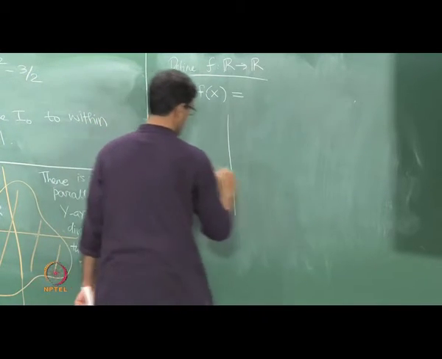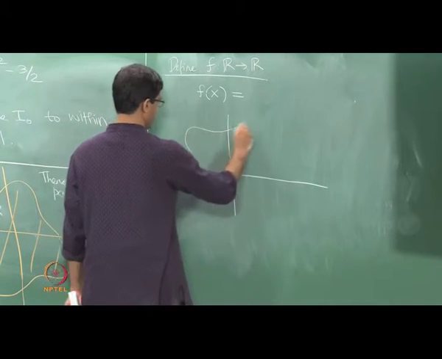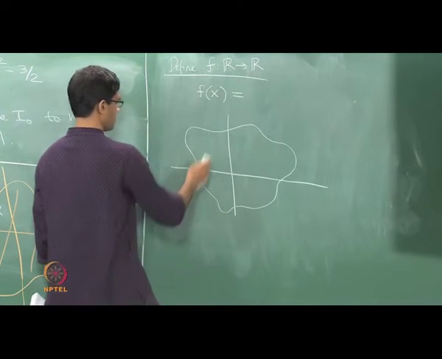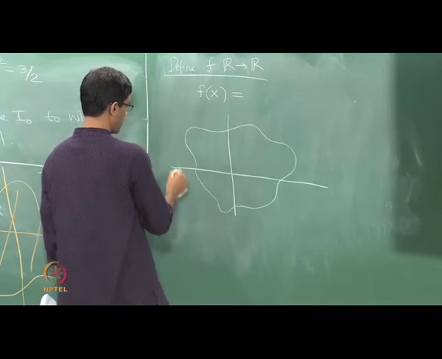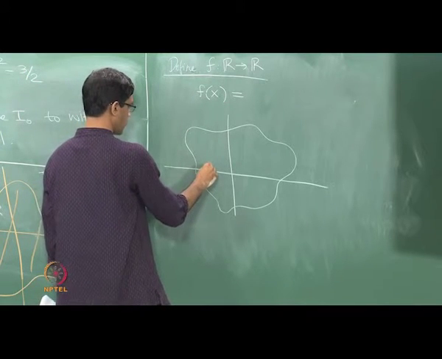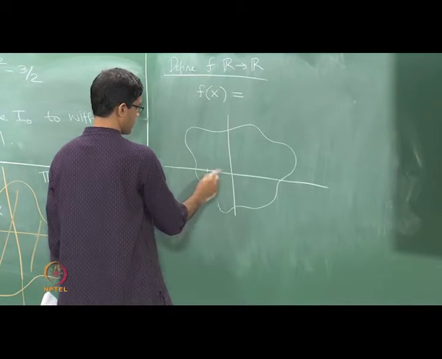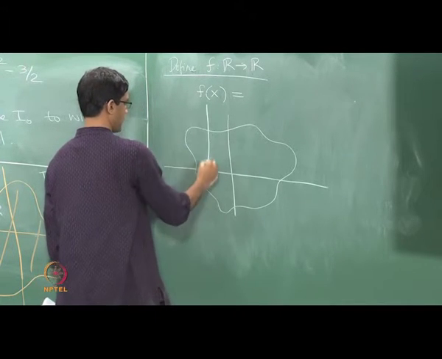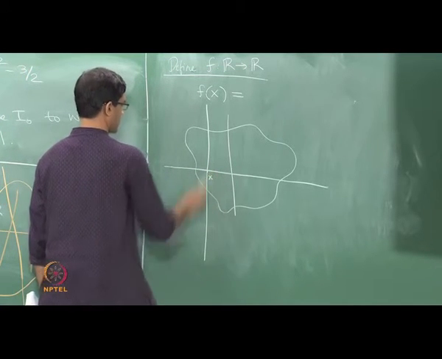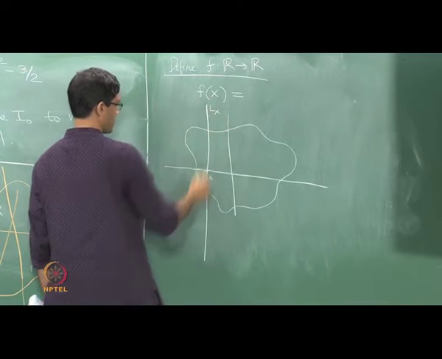Let us again draw this figure. I have this whatever funny shaped figure here. Now for each choice of x, I will draw a vertical line passing through the point x comma 0. So let us say this is your value of x. You draw the vertical line here. Let us call this vertical line Lx, through x comma 0.